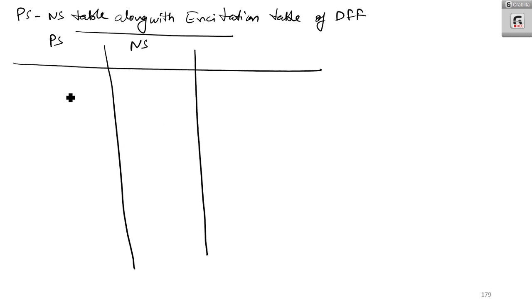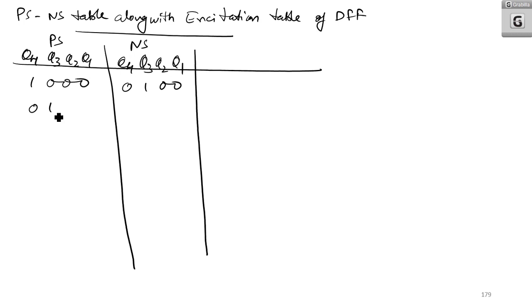So Q4, Q3, Q2, Q1, Q4, Q3, Q2, Q1. So what do you have? 1 0 0 0, that is the present state, it will be changed to 0 1 0 0.